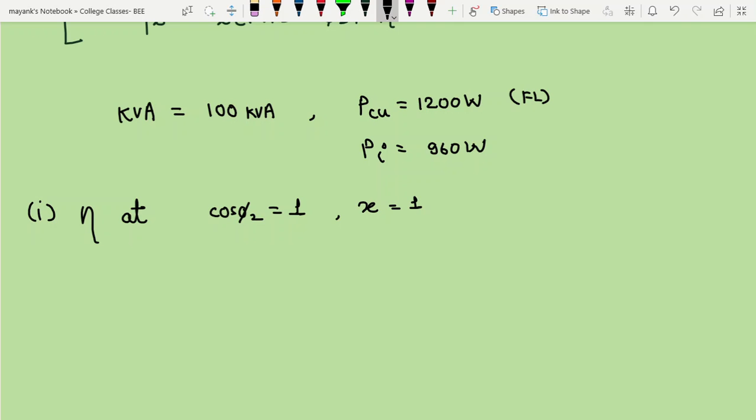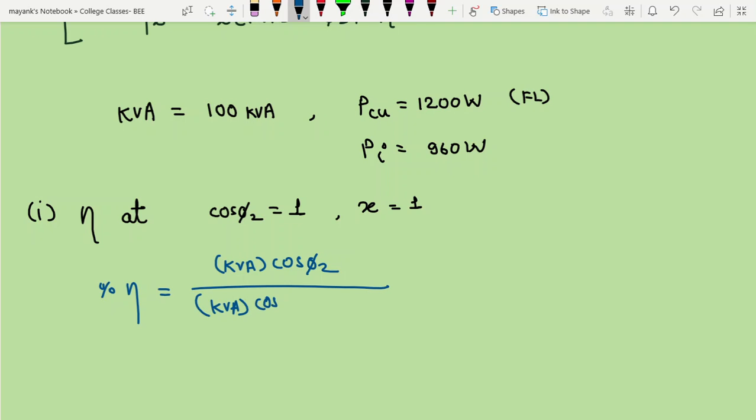Okay, so by using the formula, percentage efficiency is, now x is 1, so formula will be kVA into cos phi 2 divided by kVA rating into cos phi 2 plus copper losses and iron losses, full load, right?